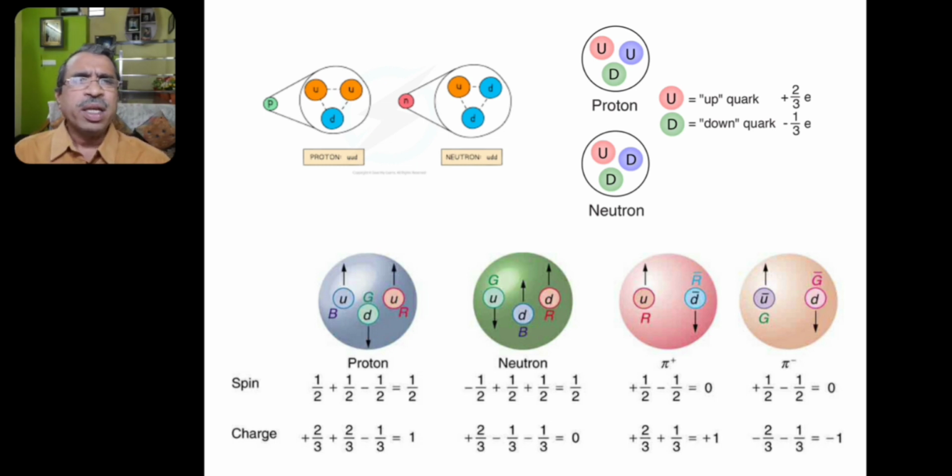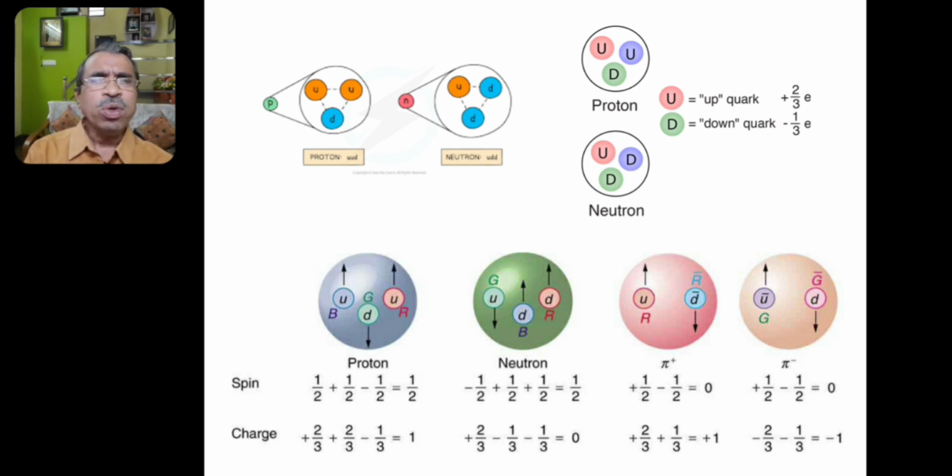So in total it gives plus half. Similarly, the charge of the proton: the up quarks have the charge plus 2 by 3 plus 2 by 3, and the down quark has a charge minus 1 by 3, so that is equal to plus 1.